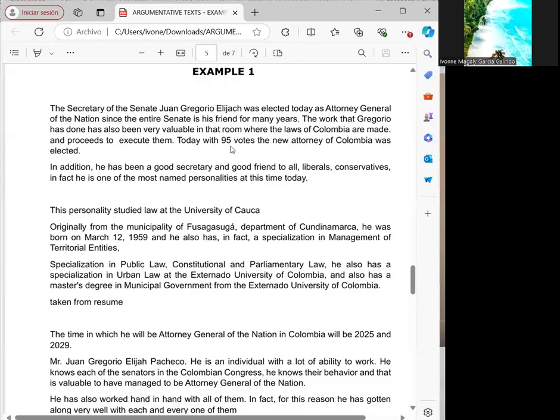Today, with 95 votes, the new Attorney of Colombia was elected. In addition, he has been a good secretary and good friend to all liberals, conservatives. In fact, he's one of the most named personalities at this time today.